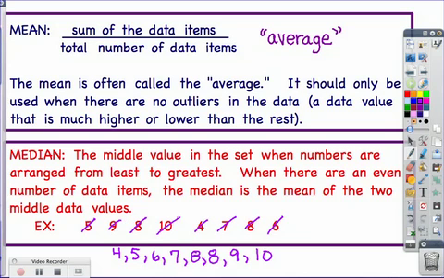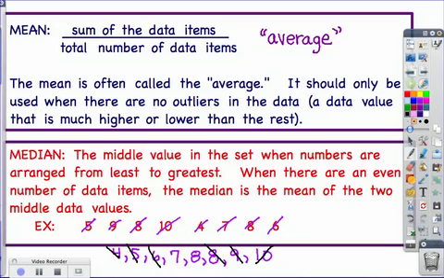I now begin to cross them off from the outside. First and last, second and second to last, third and third to last. Now if I were to cross off the fourth and fourth to last, I would have no data points left.